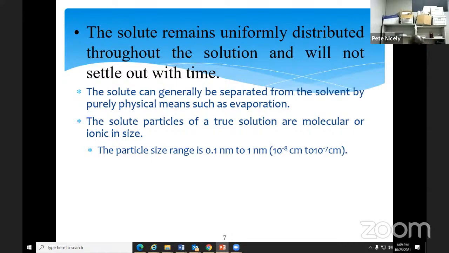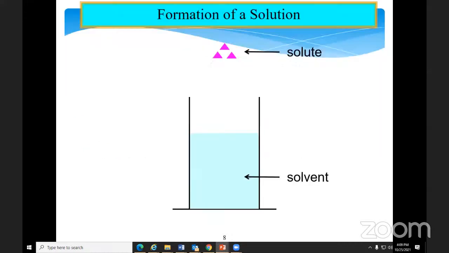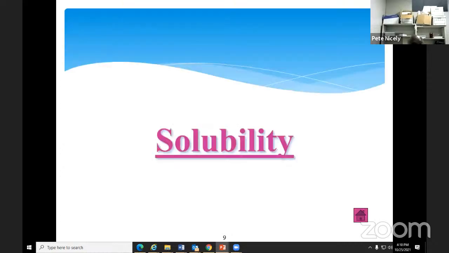Obviously, these particle sizes are too small for the naked eye. So basically, this is what happens when you have the formation of a solution. You have your solute, it's added to the solvent, and you may get a color change due to the color of the solute if the solvent is water, and you end up with a solution being formed, all right?